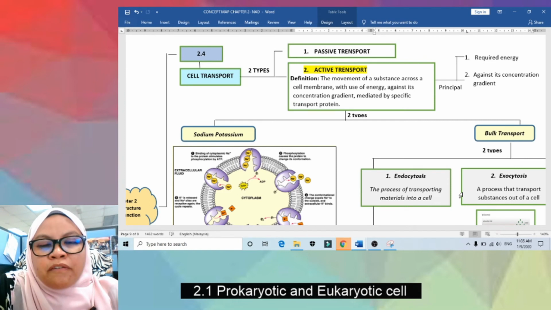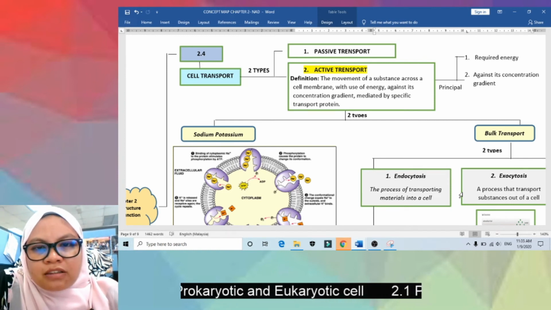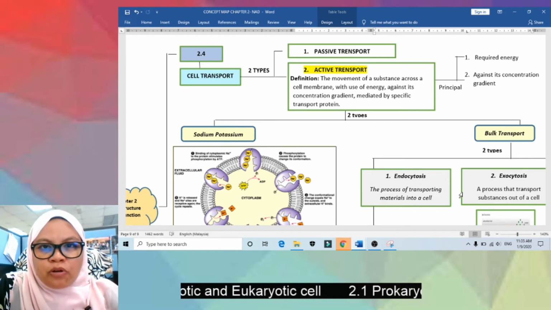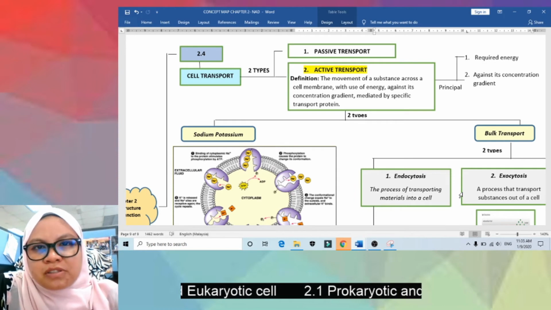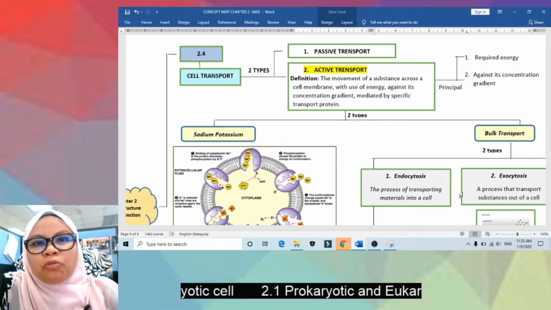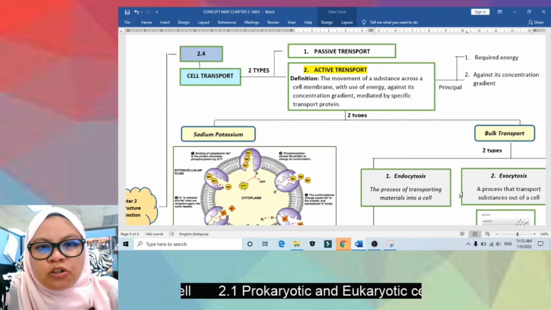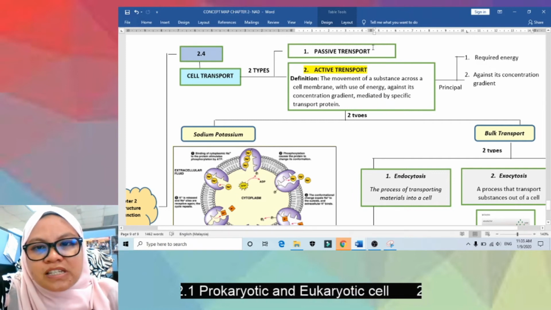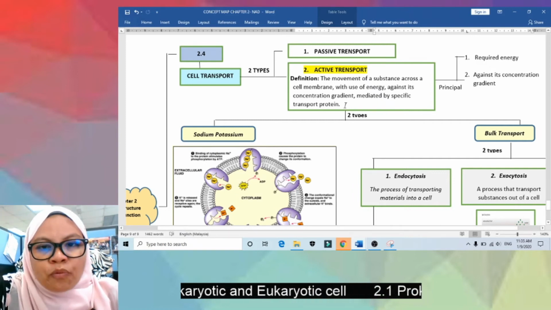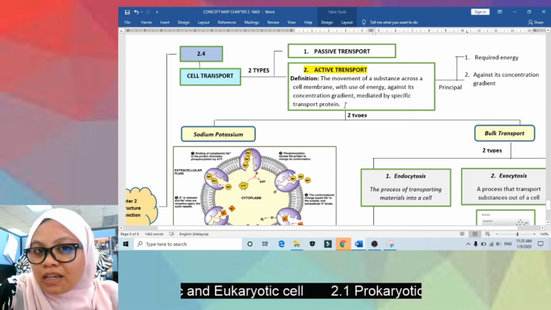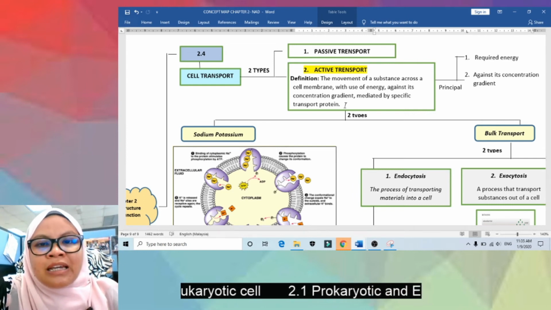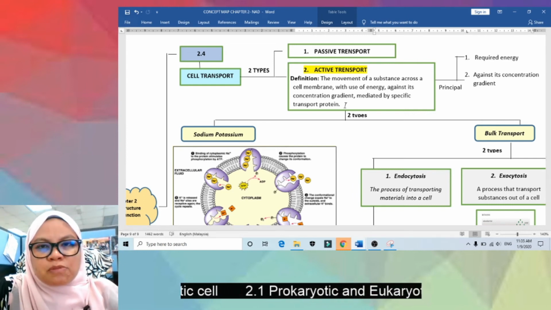Let's continue with the second type of cell transport, which is active transport. Active transport has a different concept or principle compared to passive transport. The definition of active transport is the movement of a substance across the cell membrane with use of energy, against its concentration gradient, and mediated by specific transport protein.